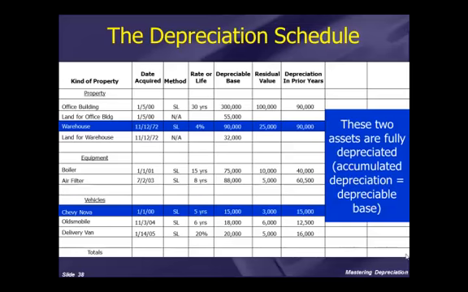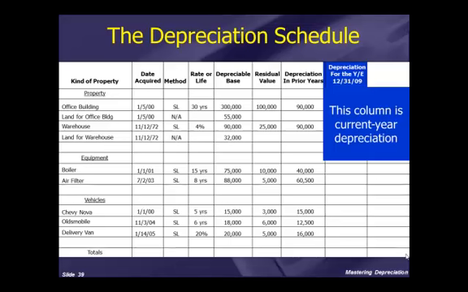Now, the warehouse and the Chevy Nova that are highlighted in blue, these two assets are fully depreciated. If you take a look at the warehouse that was acquired on 11/12/72, the depreciable base is $90,000 and the depreciation in prior years is $90,000. So that's why it's already fully depreciated, because the depreciable base equals the accumulated depreciation. Same thing on the Chevy Nova. We still keep them on the depreciation schedule. They will remain until they are disposed of.